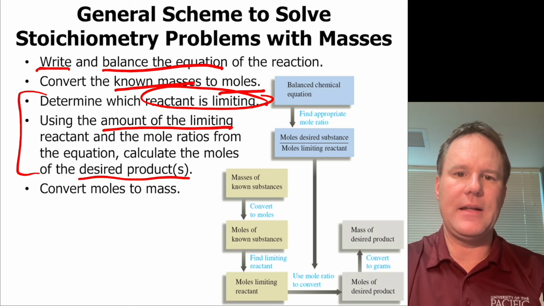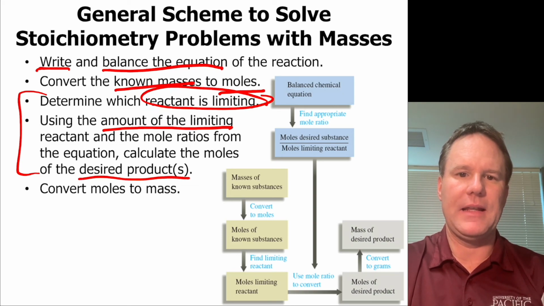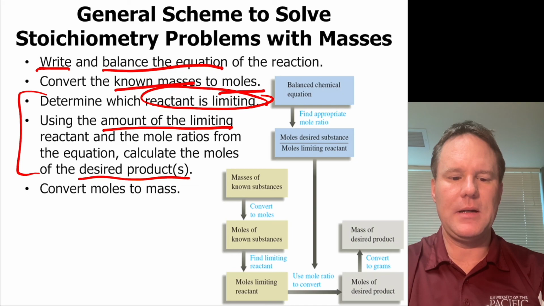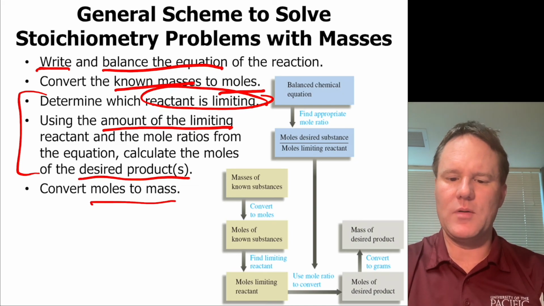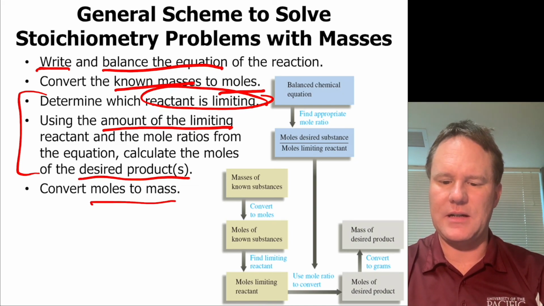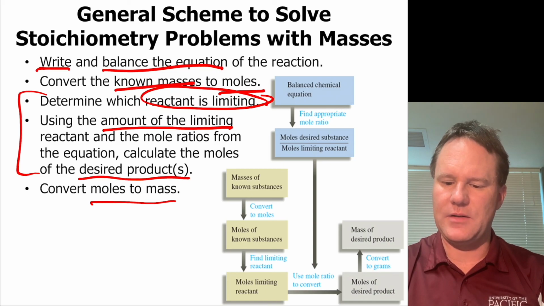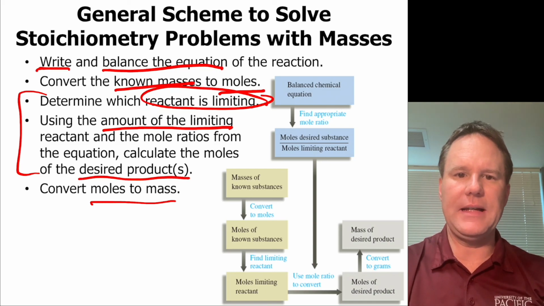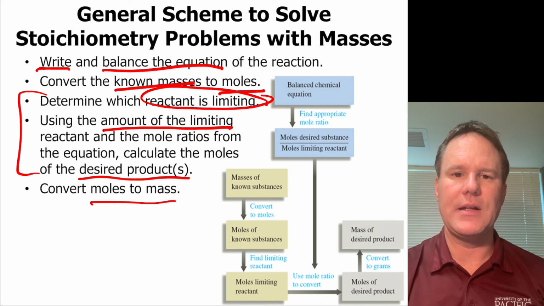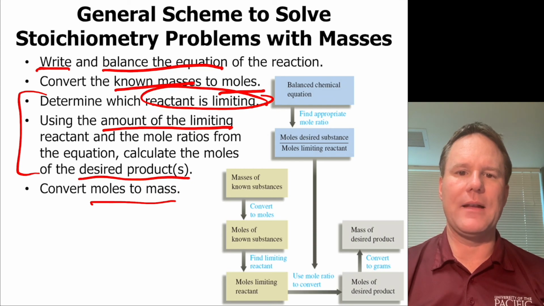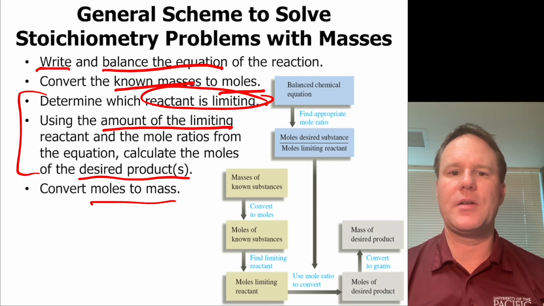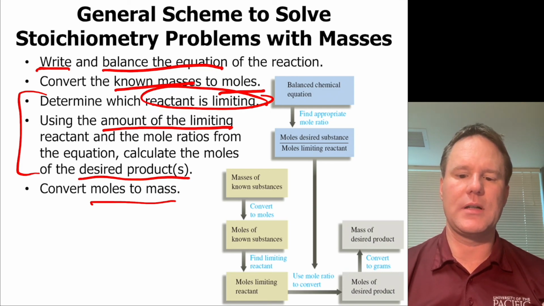You just calculate the amount of product from both of them, and whichever is smaller was the limiting one. And then in the end, you convert the moles to mass if that was the question. This is really at the very heart of chemistry, right? When you write a chemical reaction, from the balanced chemical equation you get quantitative ratios between the reactants and products.